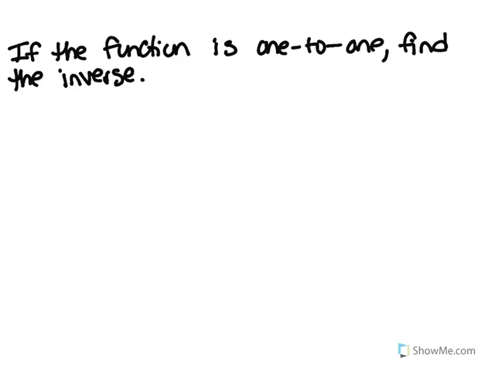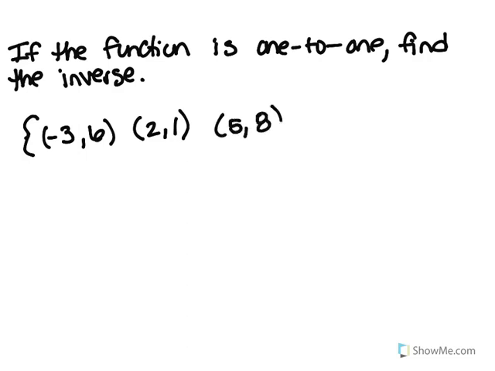So if you were to have a group of ordered pairs, negative 3, 6, 2, 1, 5, 8. And you're going to say, if the function is 1 to 1.